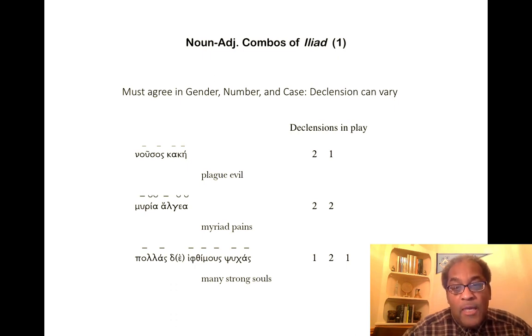But again, the endings will be determined by the noun, and since psuchas is feminine, the endings of iphthimous, strong, have to be feminine as well. But do not be confused, you have the second declension endings which are the same for both the feminine and the masculine. Okay.